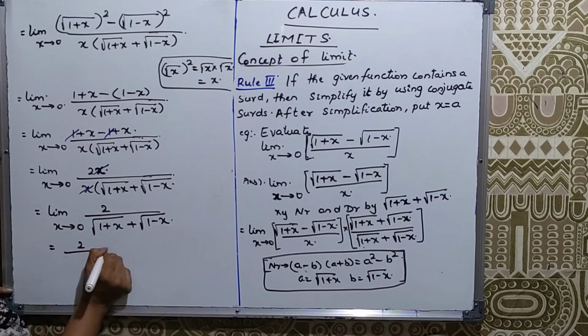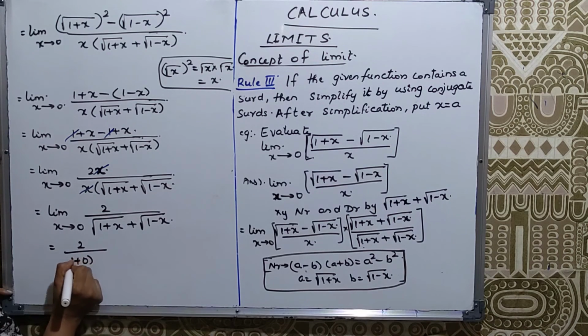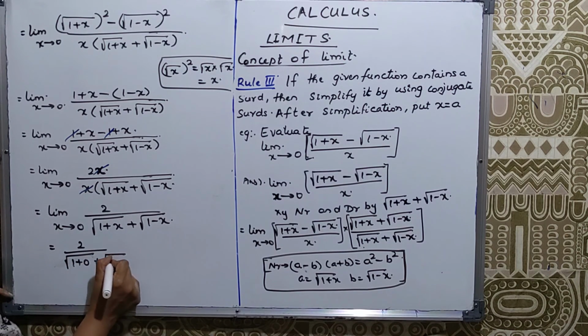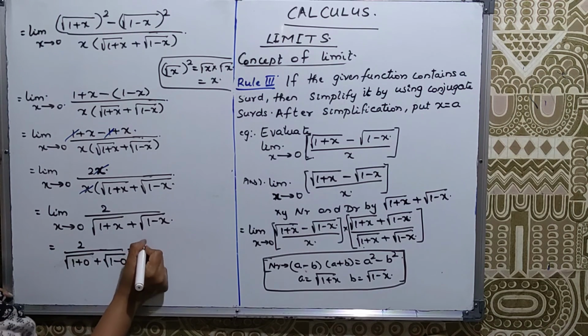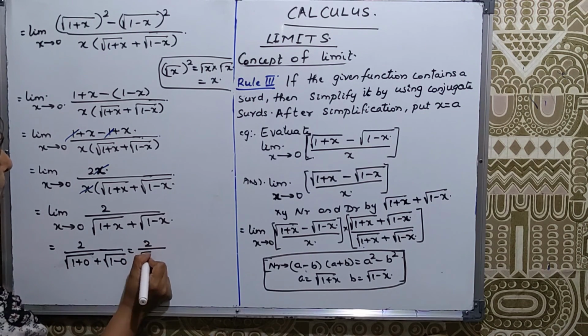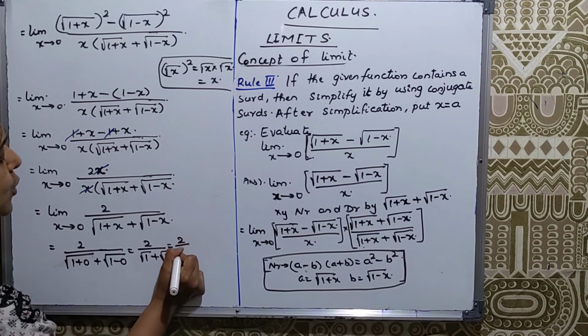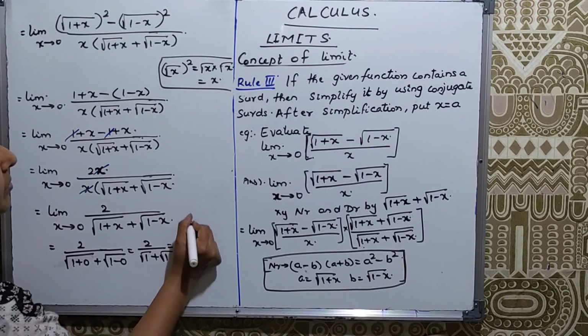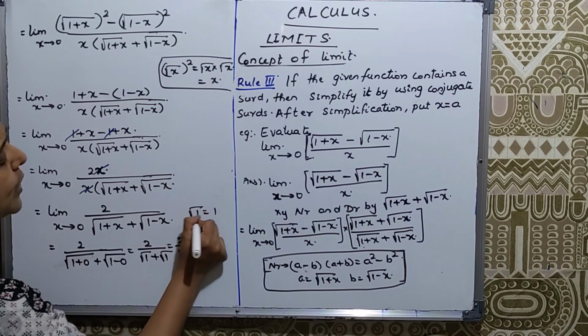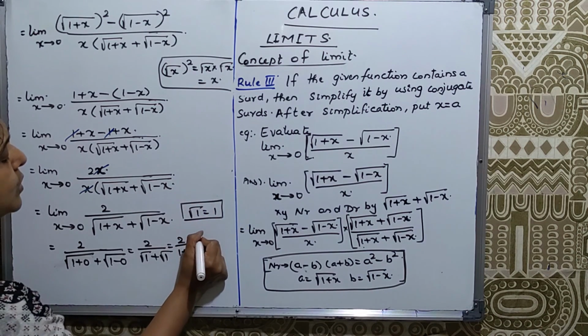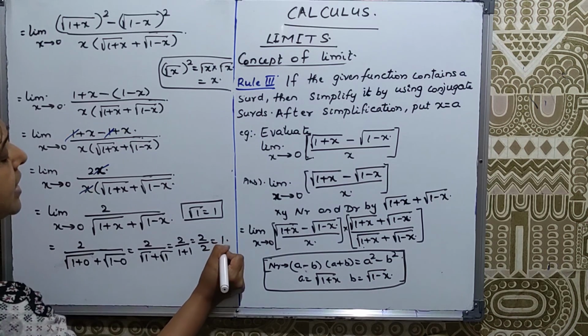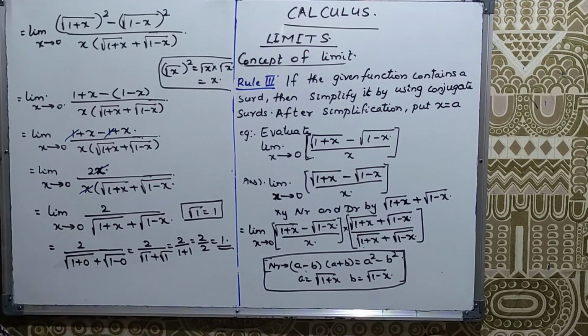So 2 divided by root of 1 plus 0 plus root of 1 minus 0. So that will be equal to 2 divided by root of 1 plus root of 1. Root of 1 is 1 only, so 2 by 1 plus 1. So equal to 2 by 2 equal to 1. That is the answer. Now we'll go to rule 4.